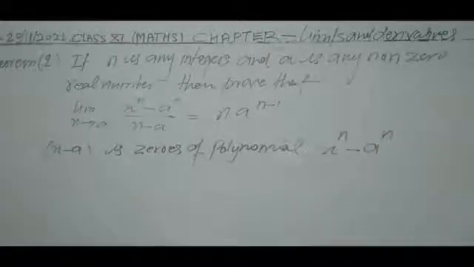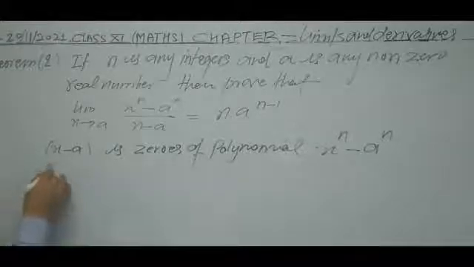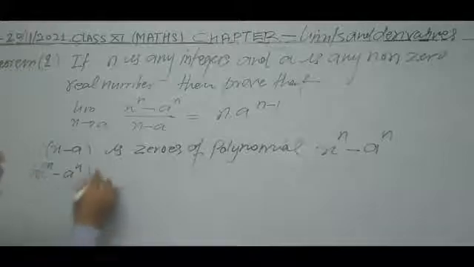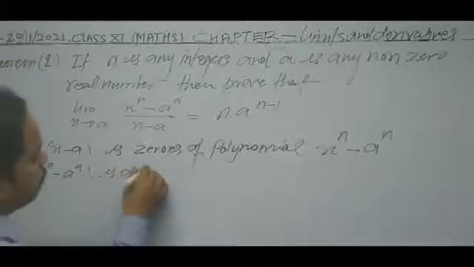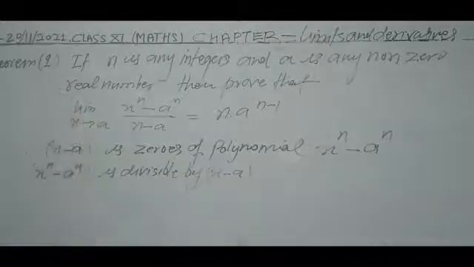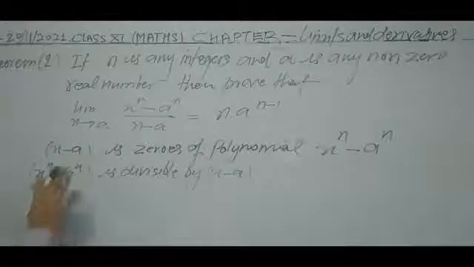Now x to the power n minus a to the power n is divisible by x minus a. And what will you get as the result?